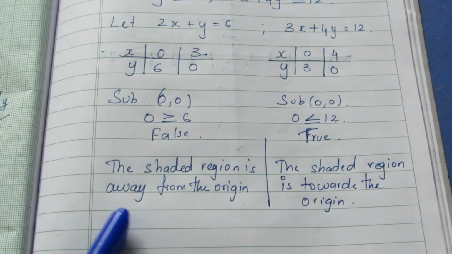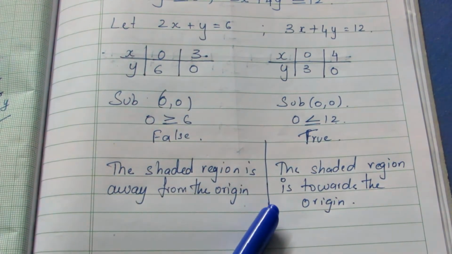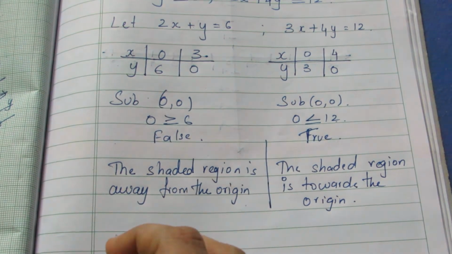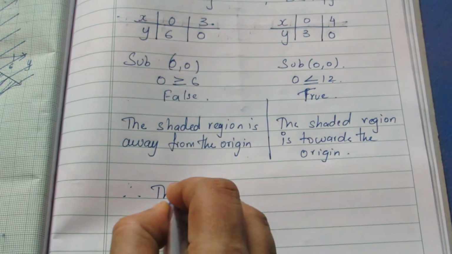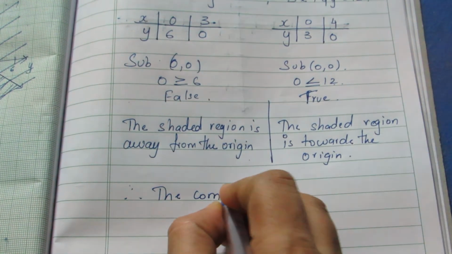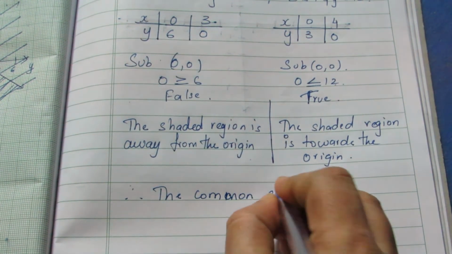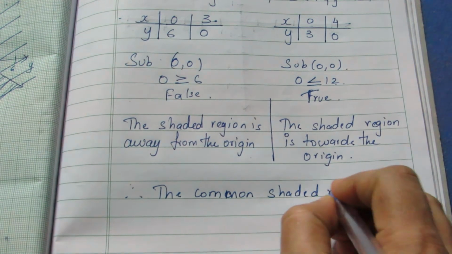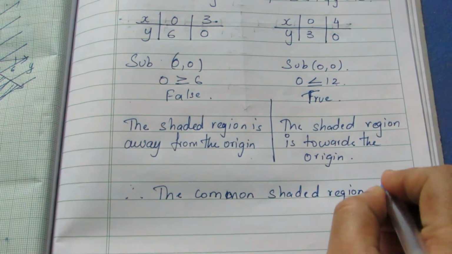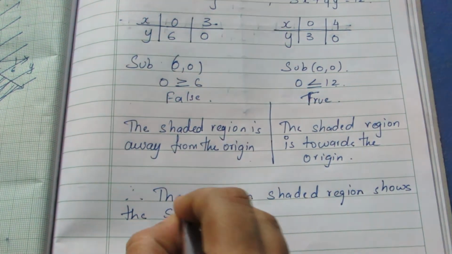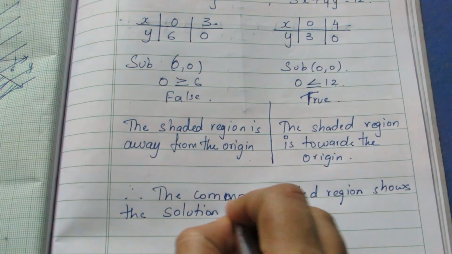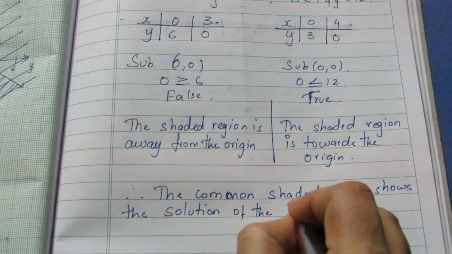So we have marked the shaded region away for this and towards for this. Therefore, we can say that the common shaded region shows the solution of the inequality.